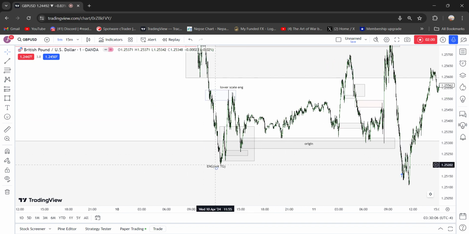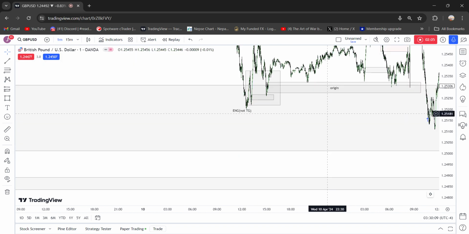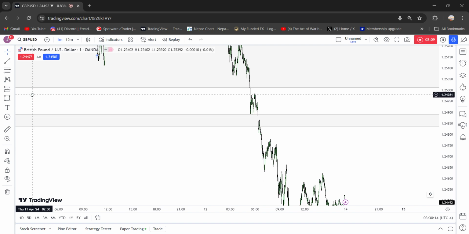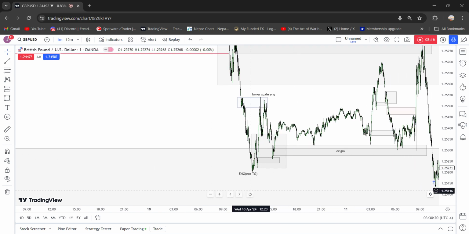But in this particular case, the initial target was not this target. The initial target I saw was at this particular lower level, but this was eventually broken after. I haven't analyzed anything after that. But this was not the low. This was not the real fake out.